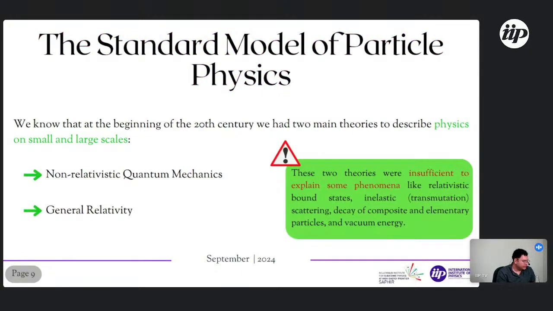That, for example, is insufficient to explain some phenomena like relativistic bound states, inelastic or transmutation of particles, decay of composite or elementary particles, and the vacuum energy. Those problems are not solved exactly by these two theories, non-relativistic quantum mechanics and general relativity. And what is the solution?